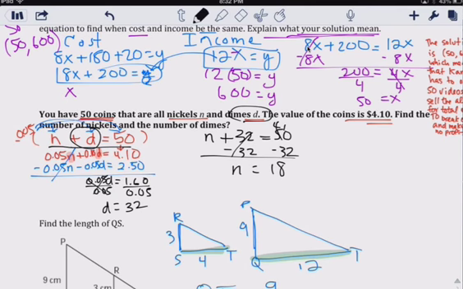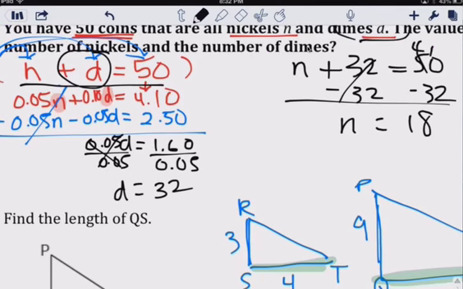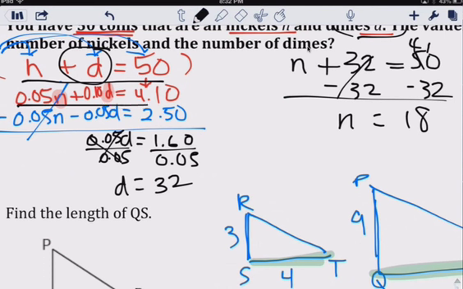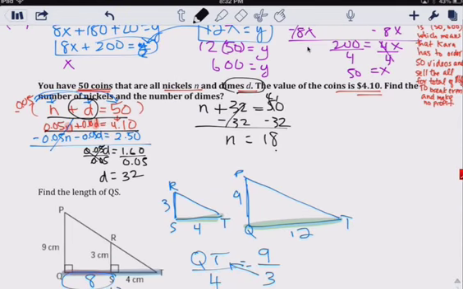So let's check. You can check and see if it's right. If you have 18 nickels, they're 5 cents each, or you can multiply 0.05 times 18, because there are 18 nickels, we substitute it in where N is, plus there are 32 dimes, times 10 cents.